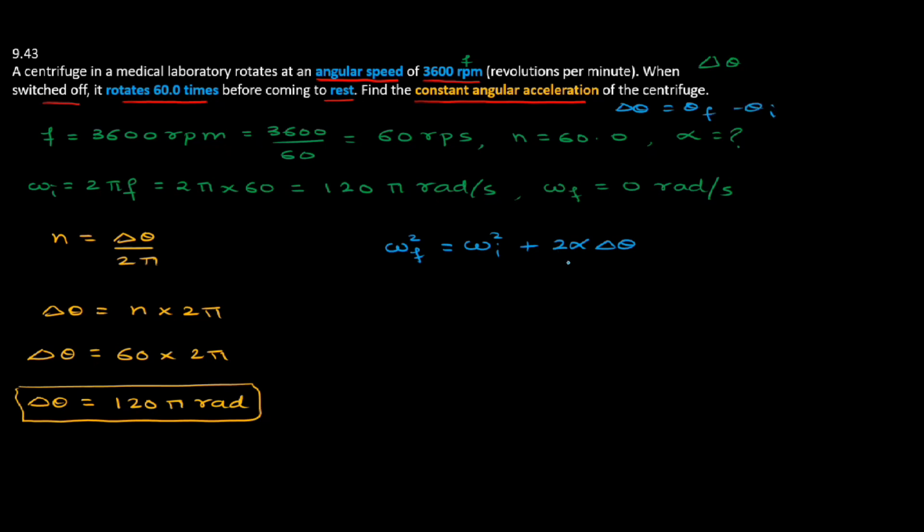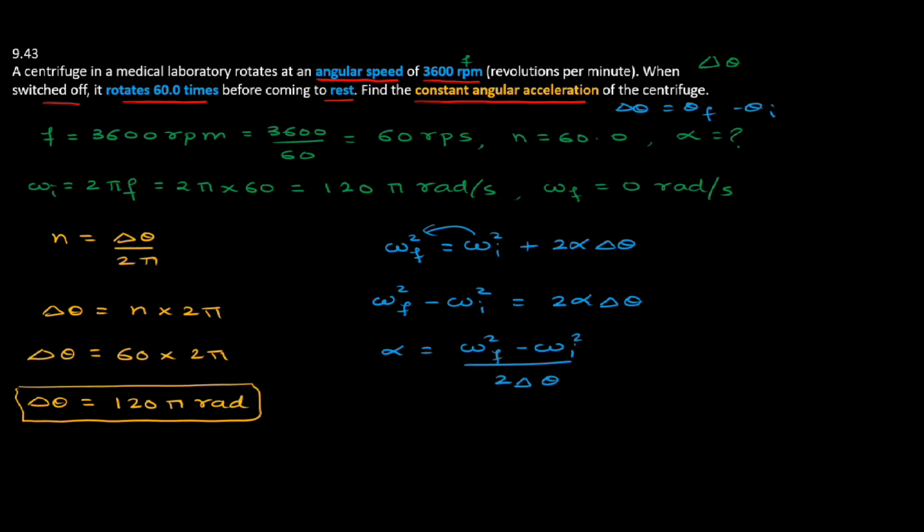I want to calculate alpha, so I will first move omega initial squared to the other side to keep 2 alpha delta theta alone. So we get omega final squared minus omega initial squared equals 2 alpha delta theta. Now divide with 2 and delta theta to leave alpha alone. So we get alpha equals omega final squared minus omega initial squared over 2 delta theta.